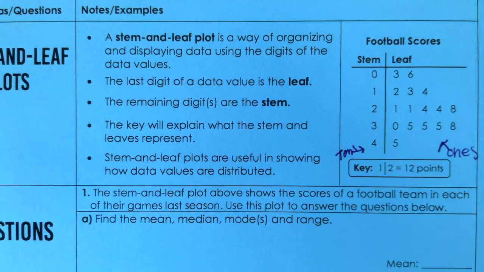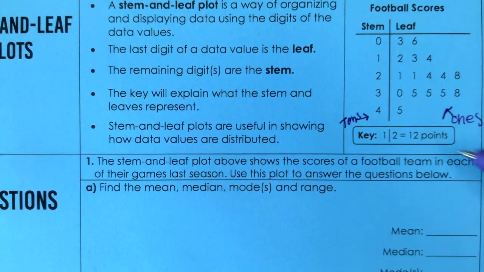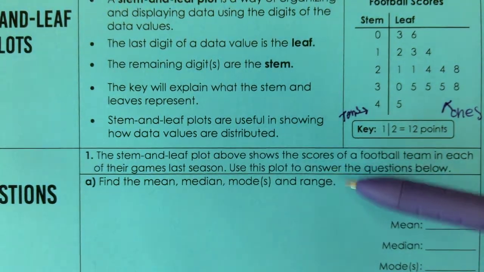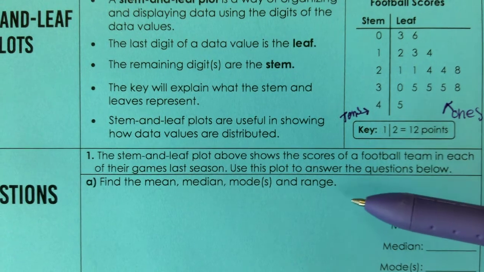Okay. So it says the stem and leaf plot above shows the scores of a football team in each of their games last season. Use this plot to answer the questions below. So find the mean.